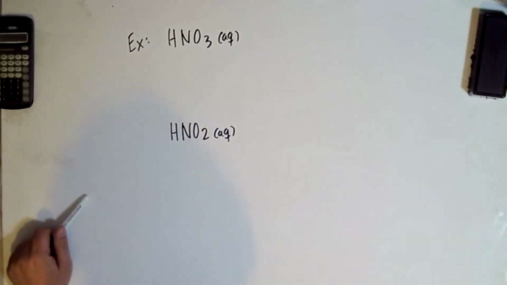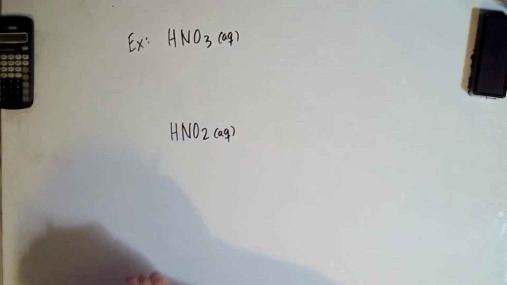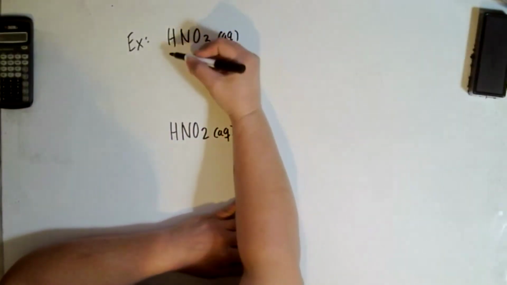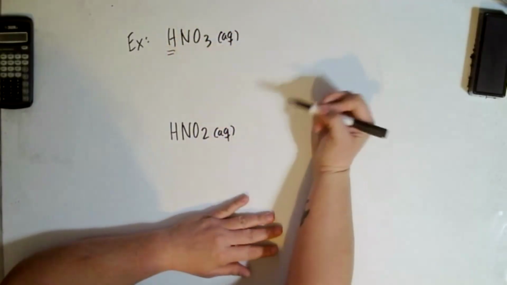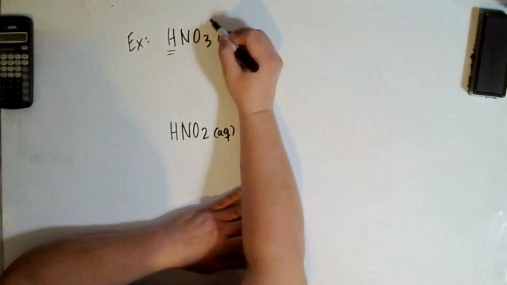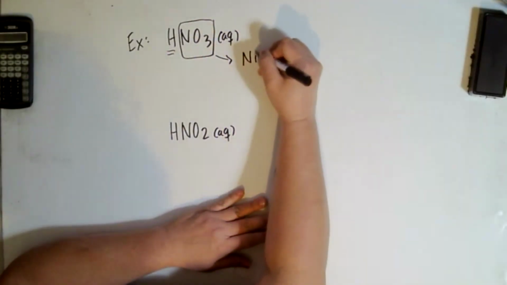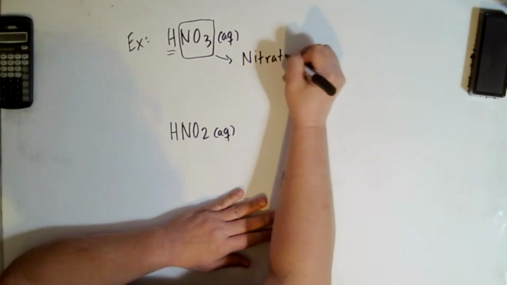Okay, so for these 2 examples here, when I look at HNO3, I'm going to recognize, first of all, it starts with an H, so I know it's going to be an acid. And when I look at the NO3, I know that this is going to be the nitrate ion.